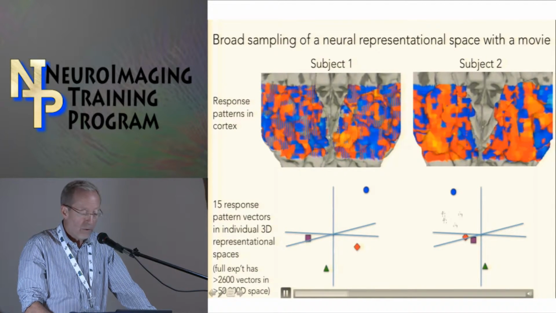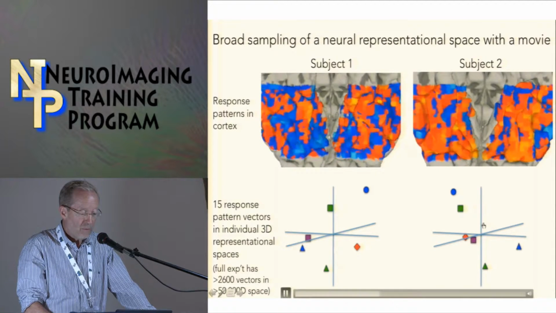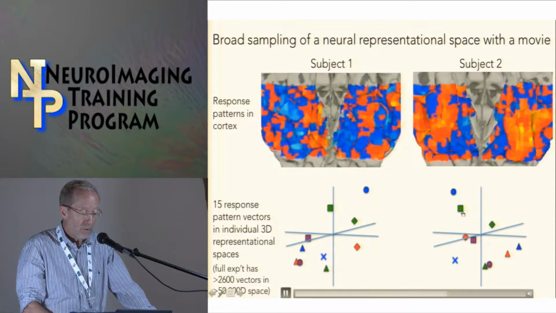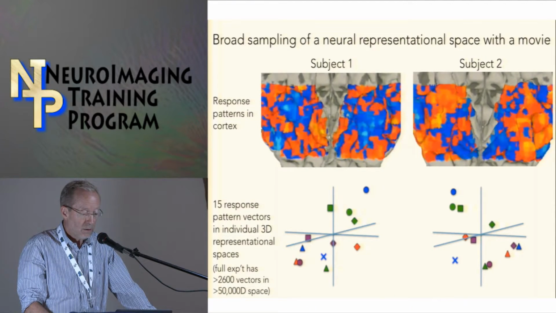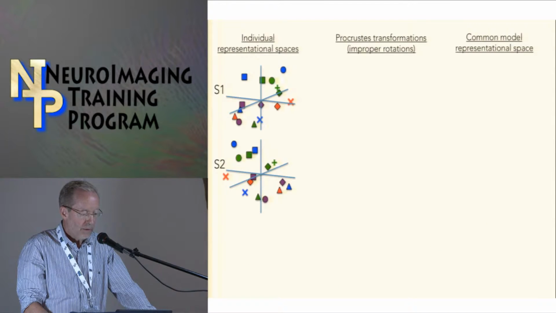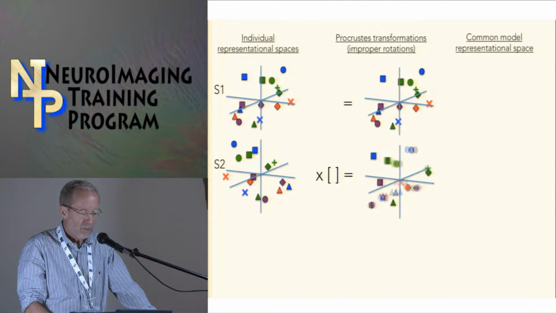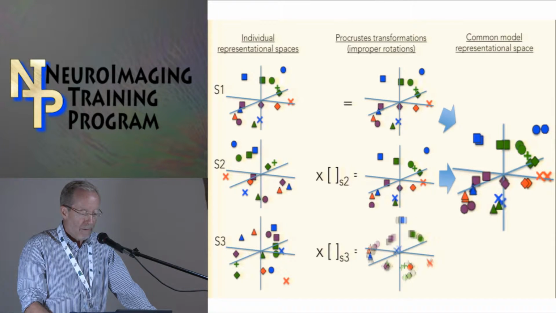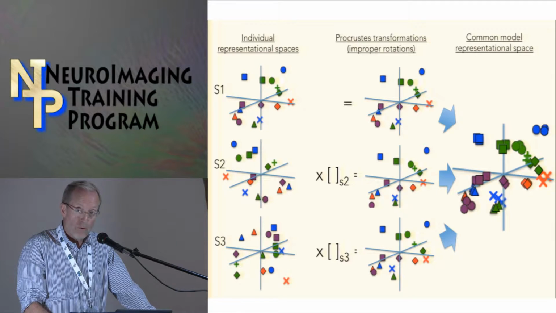The idea is that with each new time point, we have measured a new vector in the representational space. And we derive this transformation matrix so that we can now have a common model space for responses to the movie.